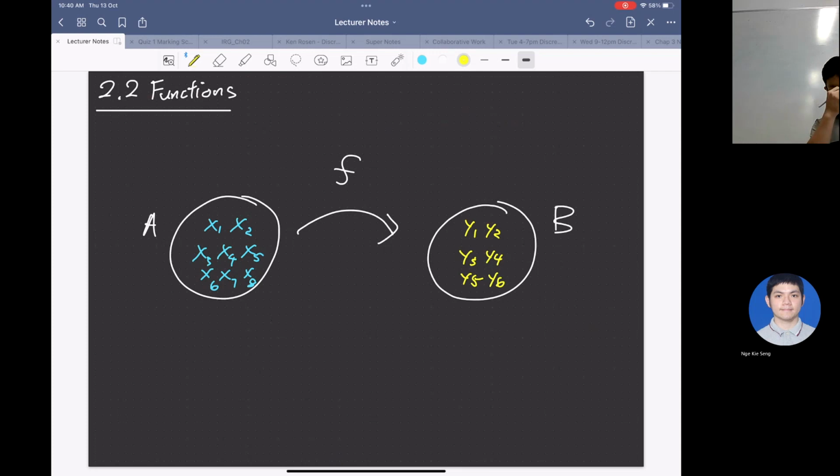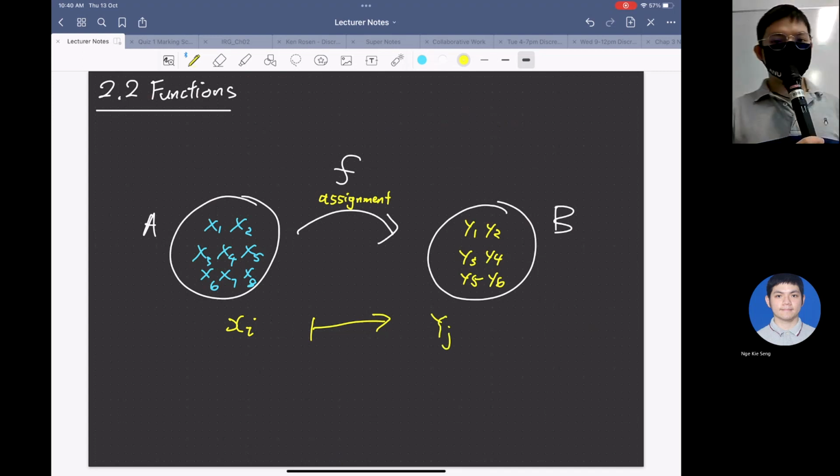So you want to go between these sets, and you need to tell me how. So f is actually an assignment. Assign x_i to y_j. Different assignments will give different objects.